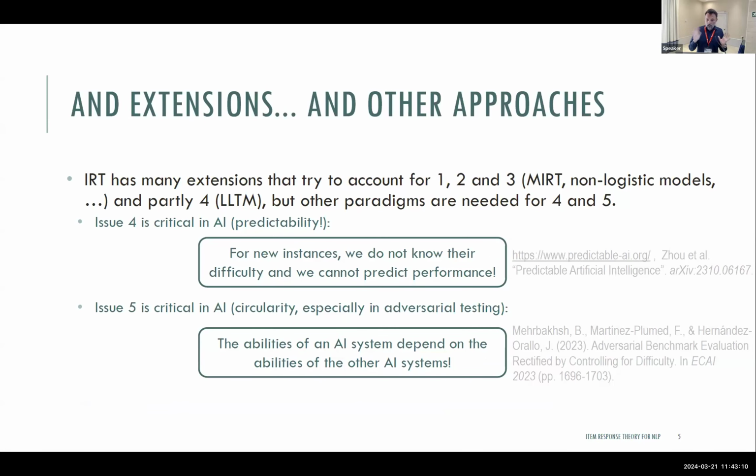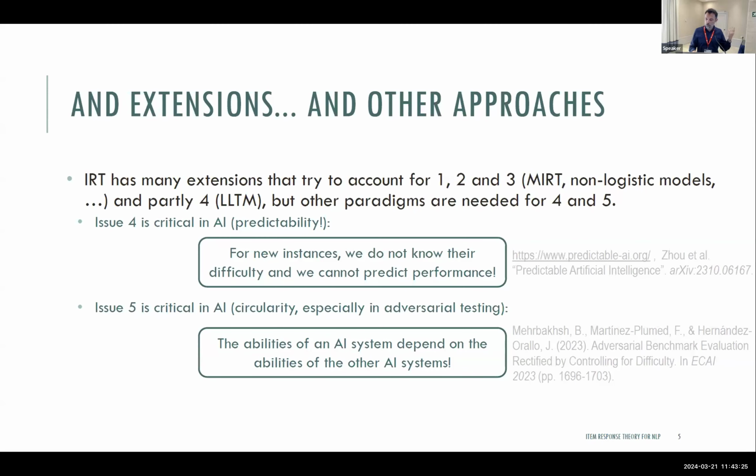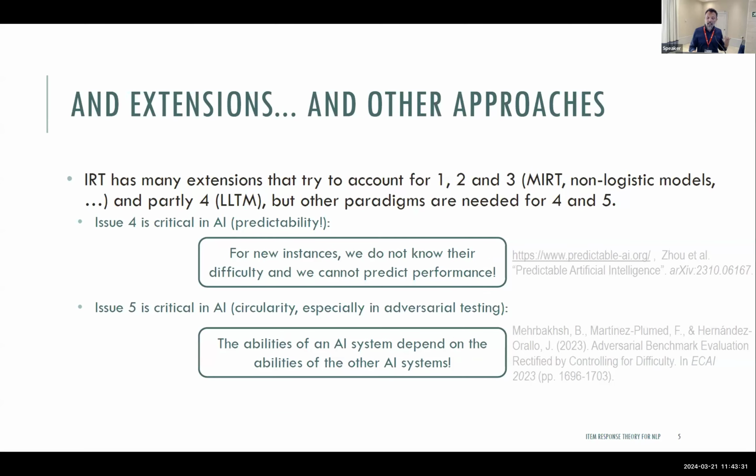So we are going to talk a little bit about some extensions and variants that try to cover some of these things. So I think in IRT itself, you find many solutions for the first three problems. There are some kind of extensions, multidimensional IRT. And for 4, you have what is called LLTM, which is kind of a linear model of difficulty.